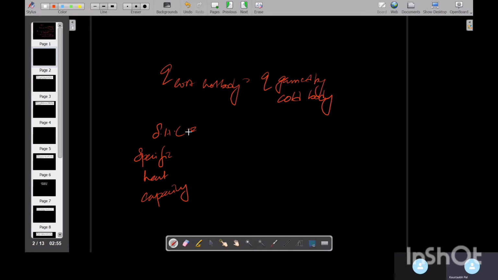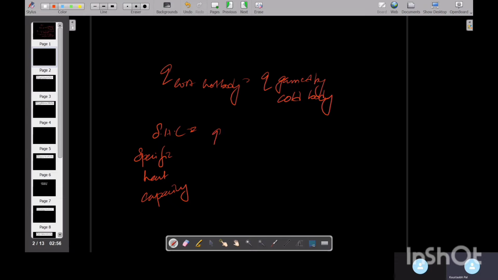Okay, so specific heat capacity is the amount of energy required to raise the temperature of a unit mass of a substance by 1 degree Celsius. So here we are mentioning the unit mass. Unit mass means 1 gram, suppose. So for a body of unit mass, the amount of heat required to raise its temperature by 1 degree is known as specific heat capacity.